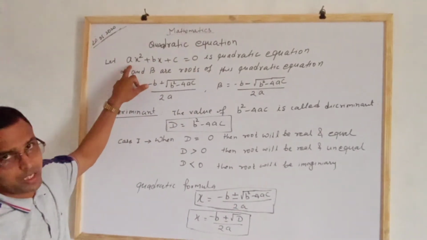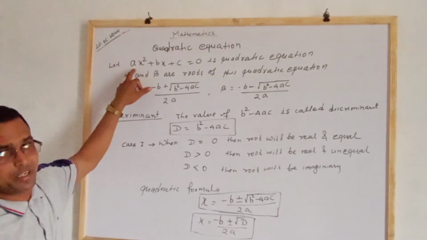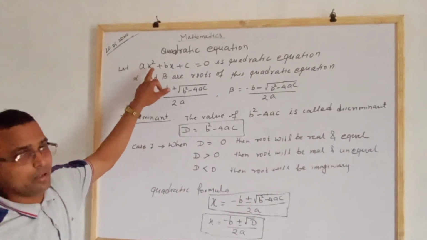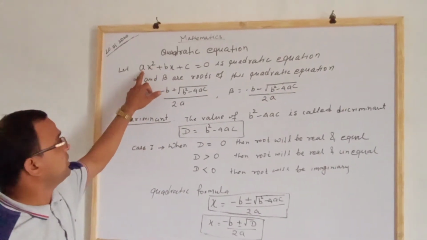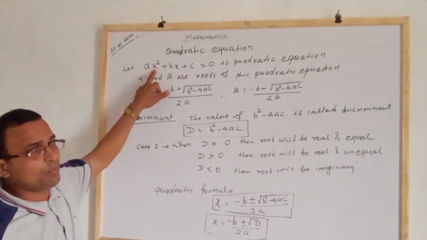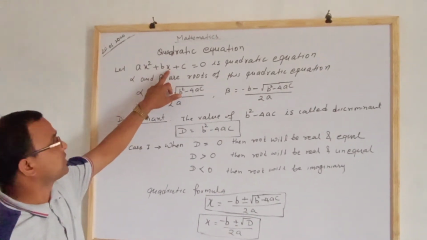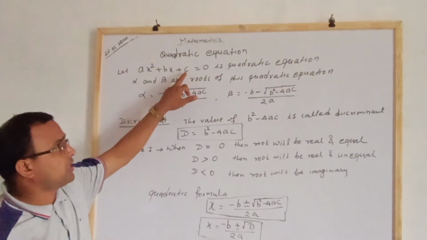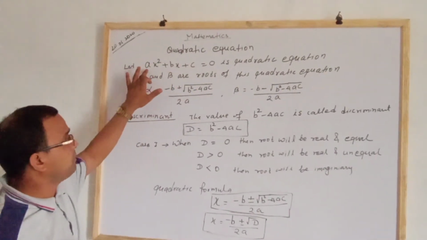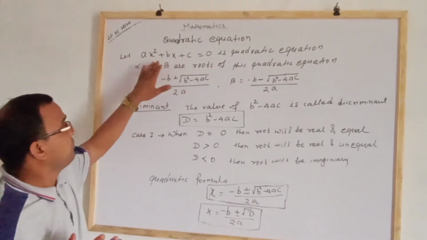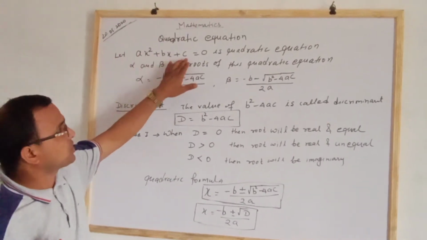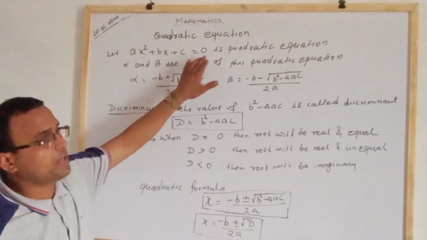It is the standard form of a quadratic equation. Here a is the coefficient of x², b is the coefficient of x, and c is the constant term. So any equation in this form is called a quadratic equation.